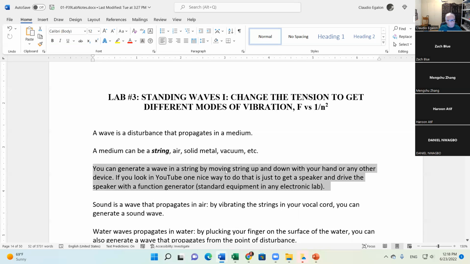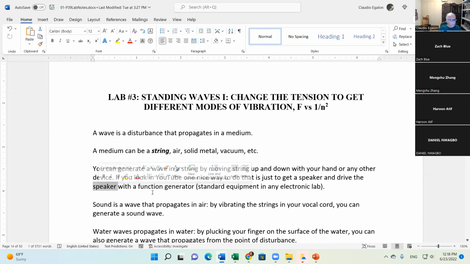Connect the speaker to a function generator, and you can change the vibration of the speaker. The function generator frequency can be adjusted accordingly. In the process of adjusting the frequency, you're going to hear different sounds, right? Everybody here is familiar with the speaker.